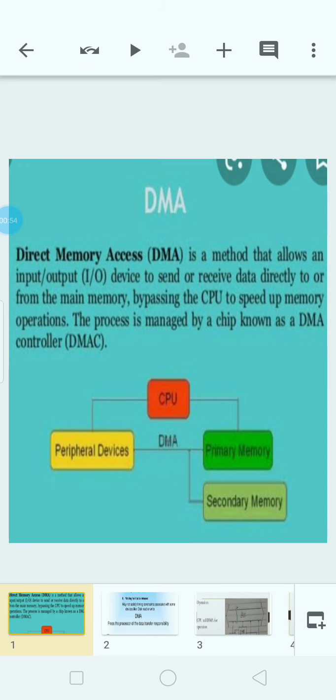In these situations, DMA can save processing time and is a more efficient way to move data from the computer's memory to other devices.